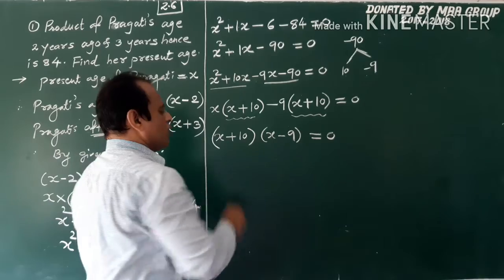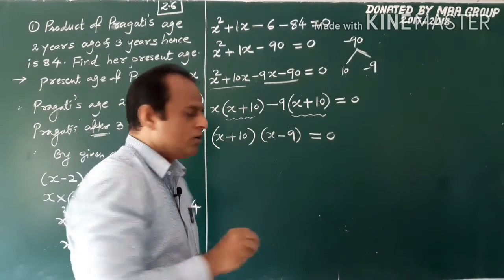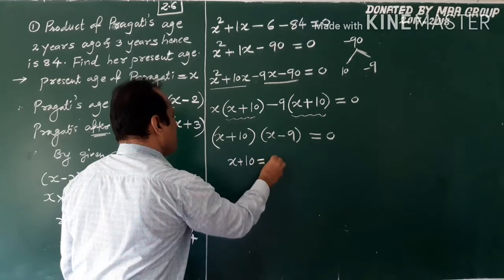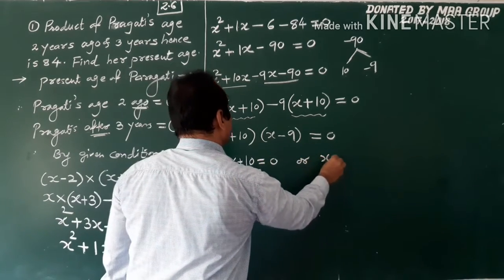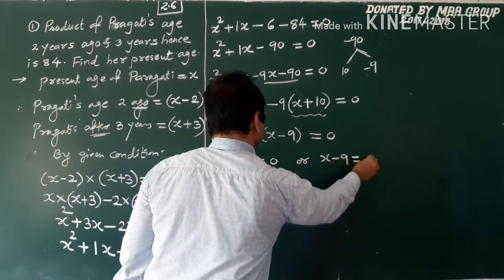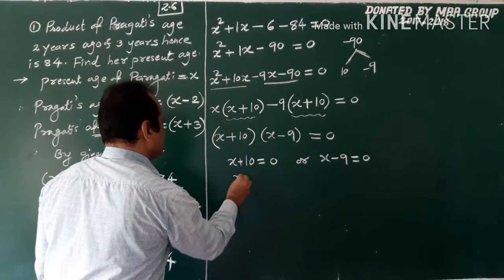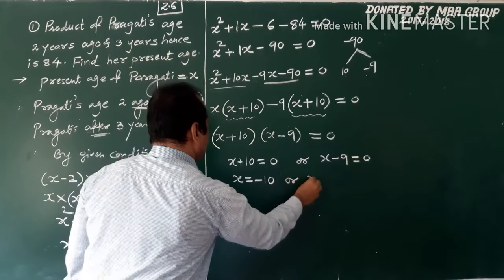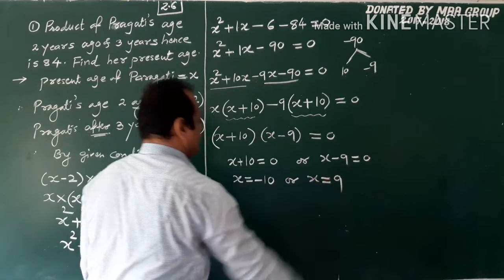If the product of the two brackets is 0, that means the first bracket is 0 or the second bracket, x minus 9, is 0. Therefore x is equal to minus 10 or x is equal to 9.